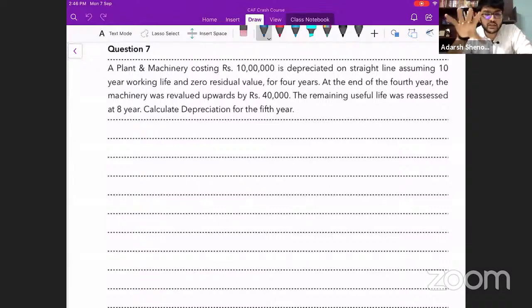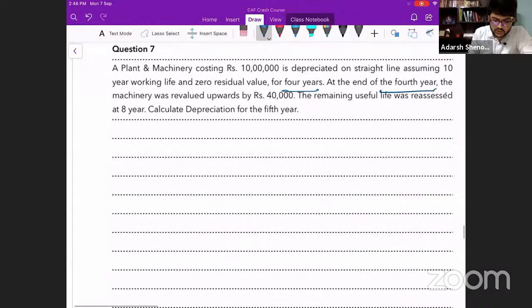10 lakh divided by 10 years. Quickly it should happen. How much is it? 1 lakh. For 4 years they have charged depreciation. At the end of the 4th year, the machinery was revalued upwards by 40,000.